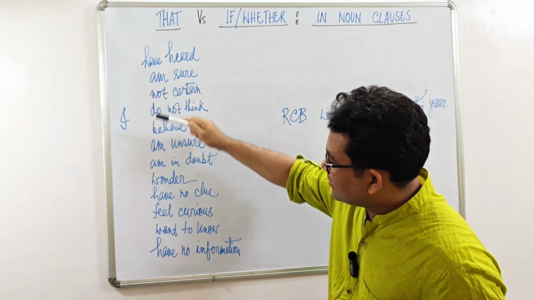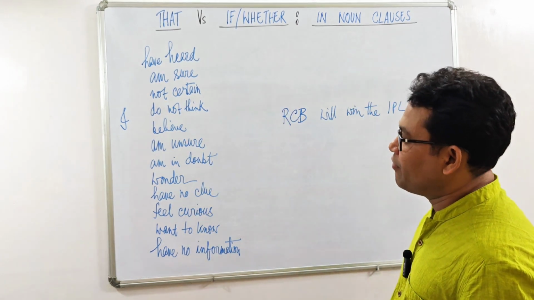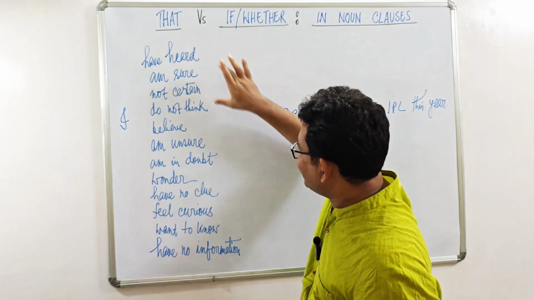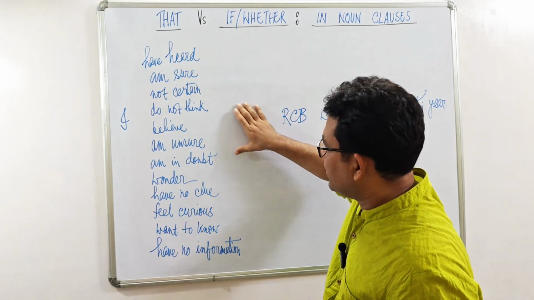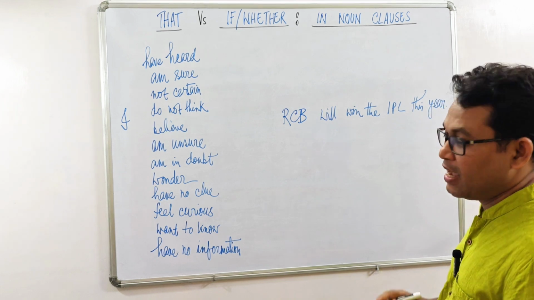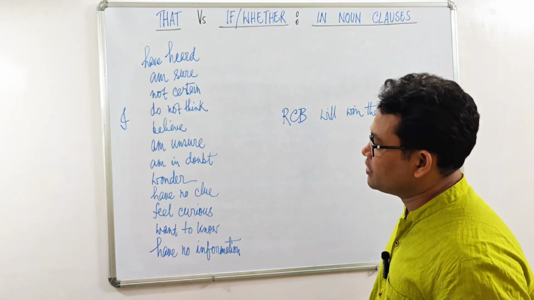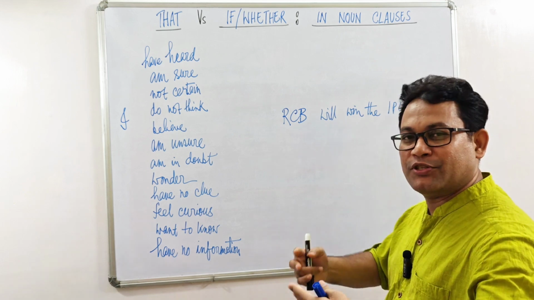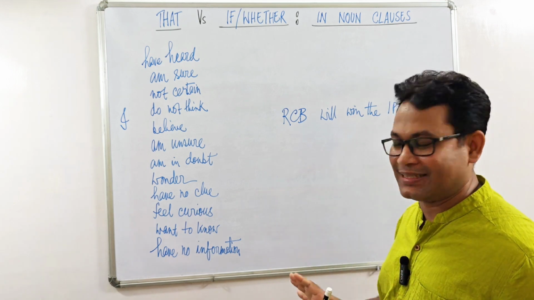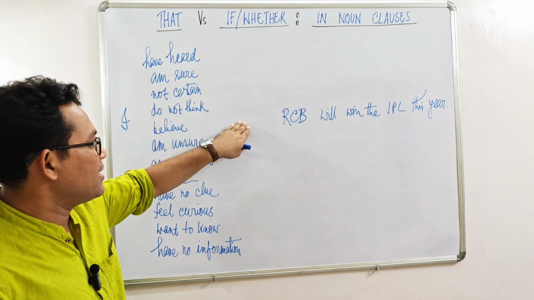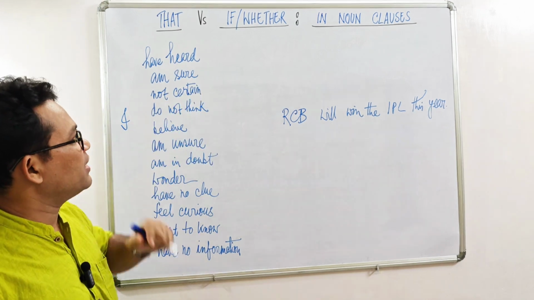Now these are the various verbs in the principal clause. We have to use either that here or if or whether to construct a complex sentence. Now remember again, these verbs of the principal clause will indicate some sort of certainty or uncertainty. If there is the idea of certainty, then we have to use that. If not, then we have to use if or whether.